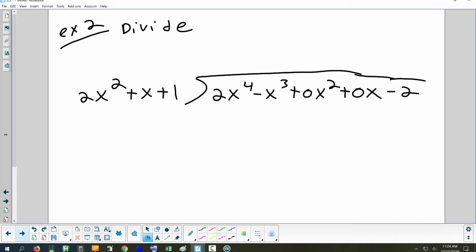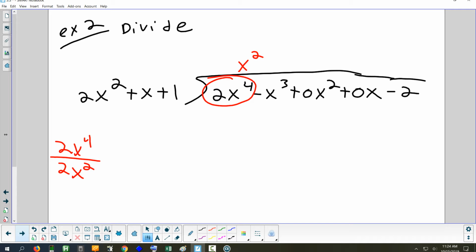First term, so 2x to the 4th is going to be divided by 2x squared. Yep, good. That's what you're doing in your head off to the side right now. We're going to put the answer up top. What's 2x to the 4th divided by 2x squared? Yep. Just x squared.